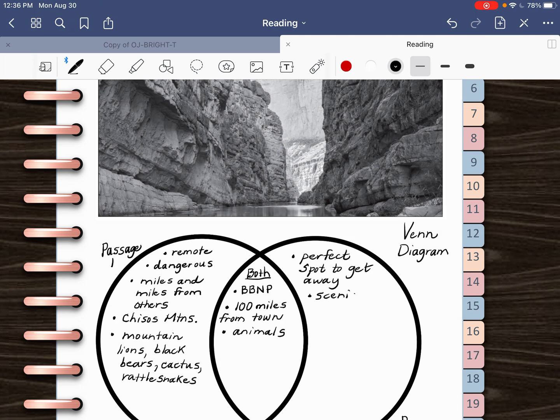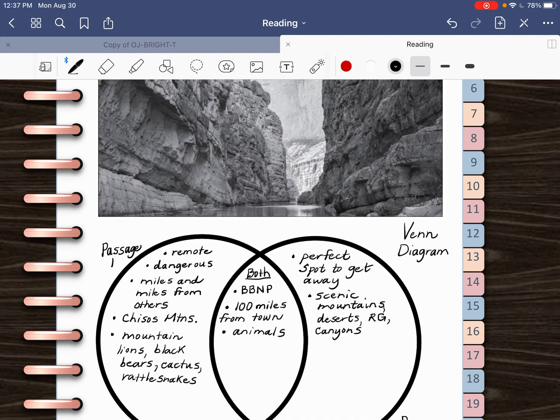Scenic is a positive thing. That means that the views are beautiful. It's a good thing. Deserts. The Rio Grande, that's a river. And canyons. But this author believes those things are good things.